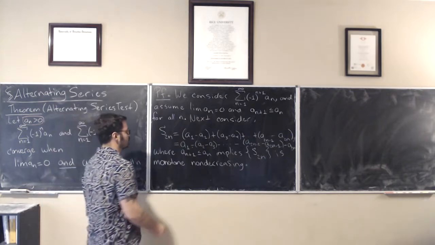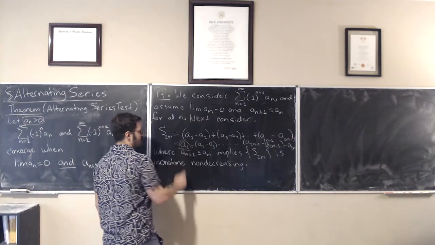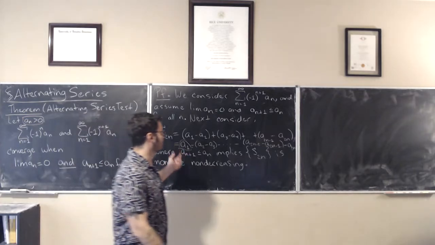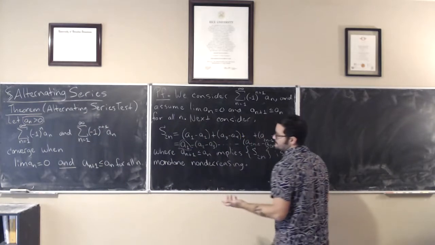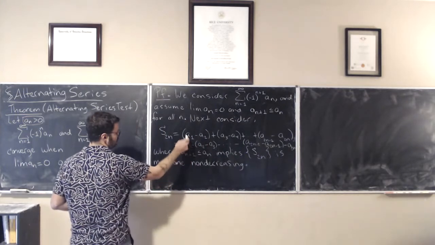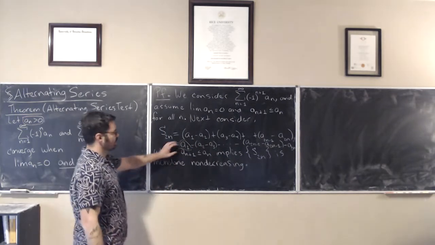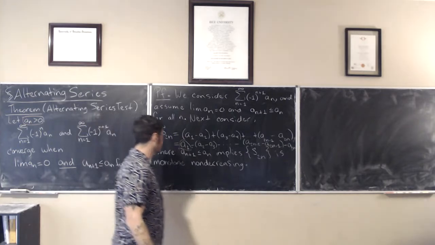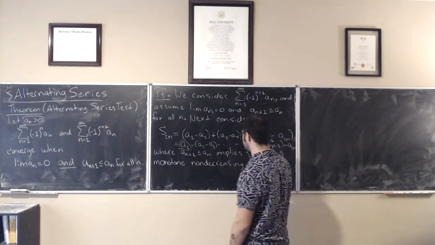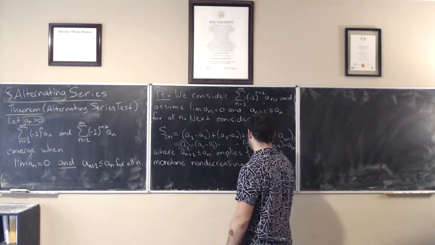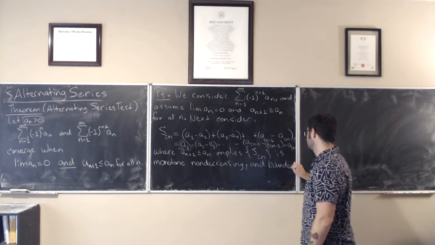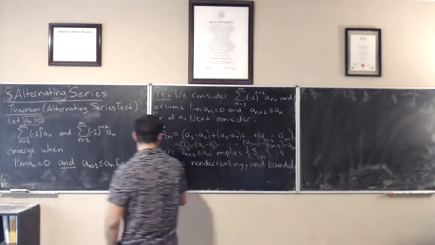So we see that a_1 is the largest these sequences could ever be, because all the terms are non-negative, and the very first one is just a_1 minus a_2. We see that it's bounded above by a_1. So this implies the sequence is monotone non-decreasing, so it's increasing, and bounded above by a_1.